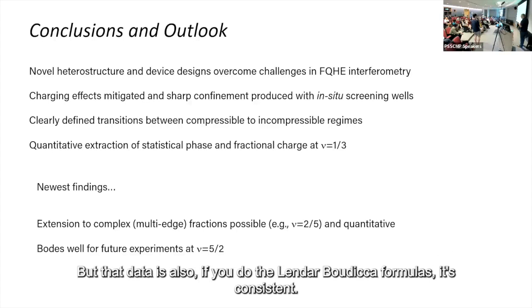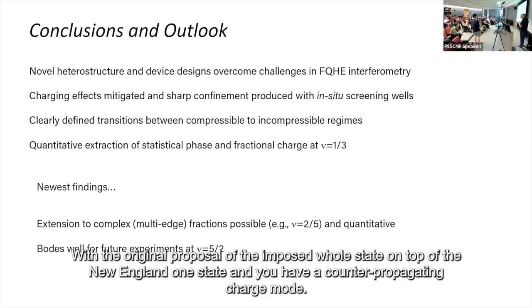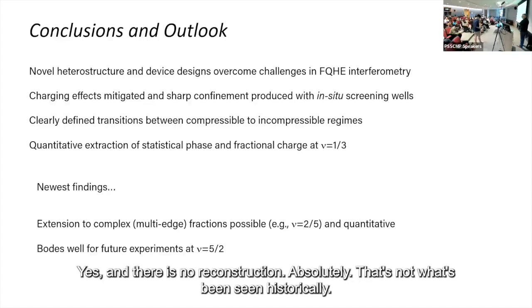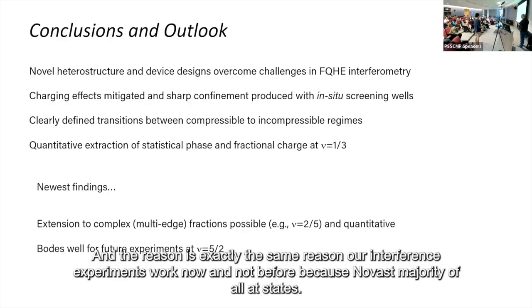That data, if you do the Landauer-Büttiker formulas, is consistent with the original proposal of the imposed hole state on top of the nu=1 state, with a counter-propagating charge mode of 1/3. But this is predicated on the assumption that the nu=1 region is relatively wide, so that you can distinguish that, and that there is no reconstruction. Absolutely. And that's not what's been seen historically.